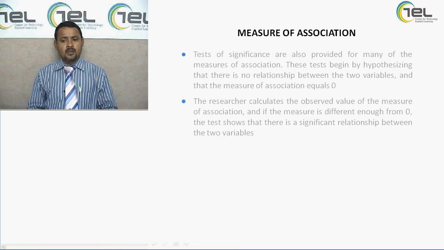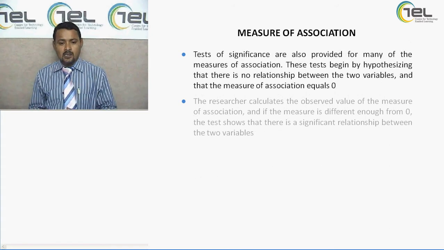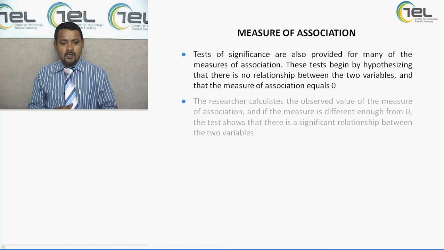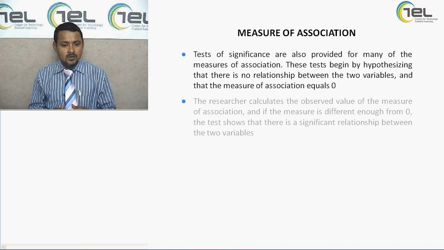Tests of significance are also provided for many of the measures of association, which can be calculated with the help of given sets of numerical data. These tests begin by hypothesizing that there is no existence of relationship between two variables and that measure of association equals 0.